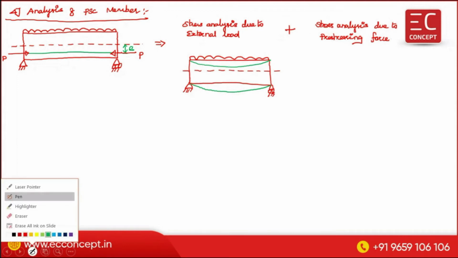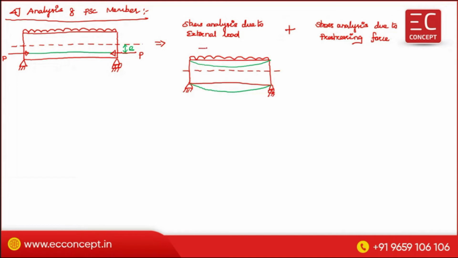Because of that, if you take any section XX, in the cross section the top one is subjected to compression, so we can take FC, compressive stress. The bottom is subjected to tensile stress, that is FT. Okay, this we get from bending theory.